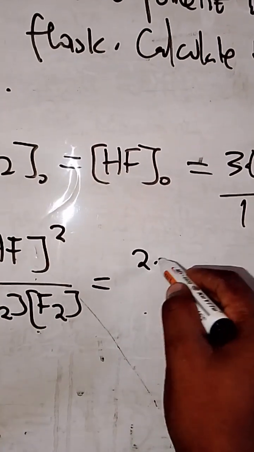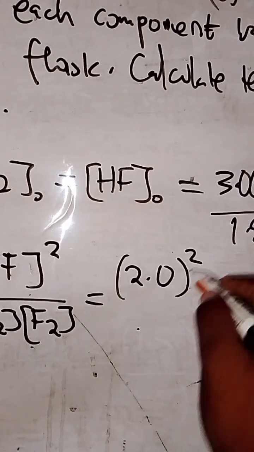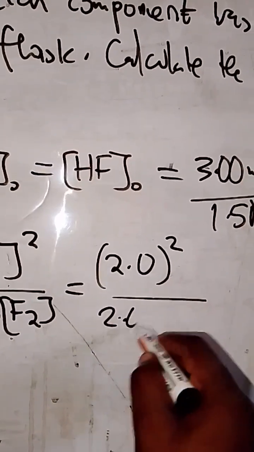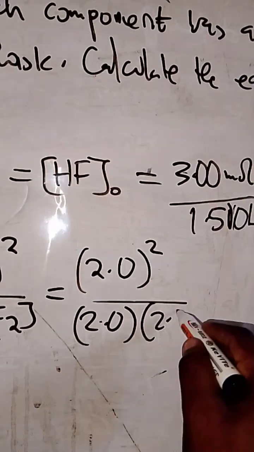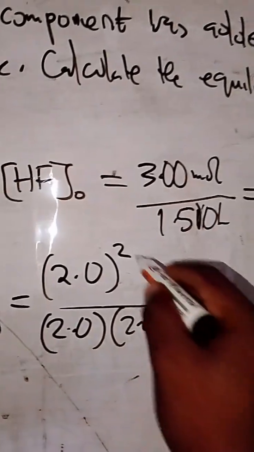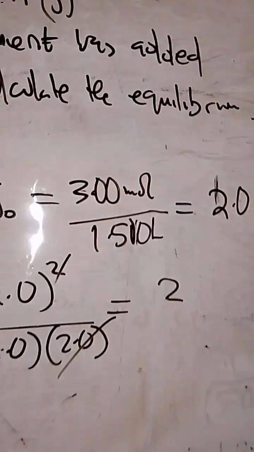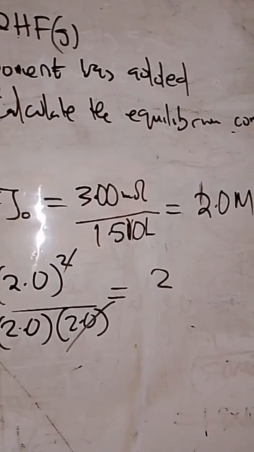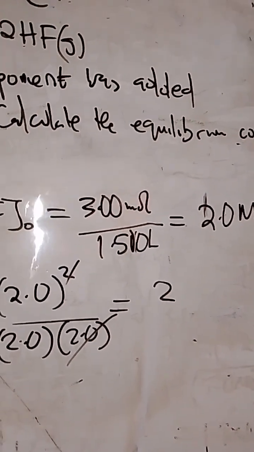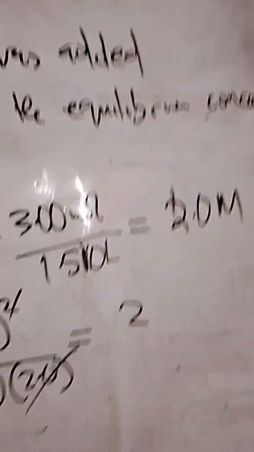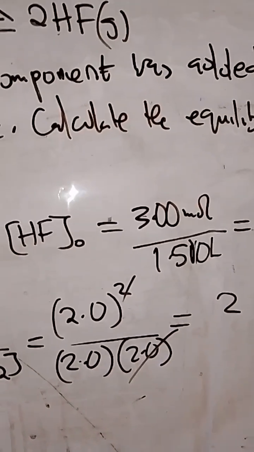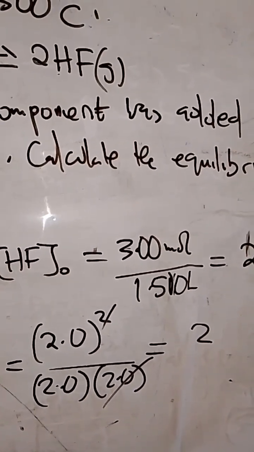So we have 2 squared over 2 times 2, which will give us 2. Okay, so in this case our Q is equal to 2.